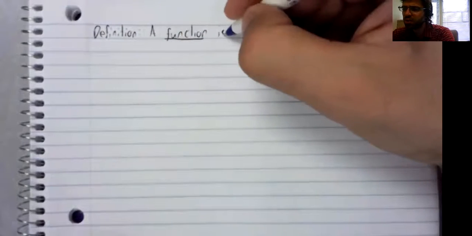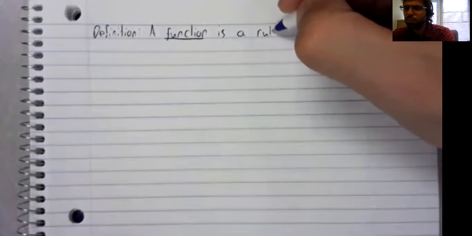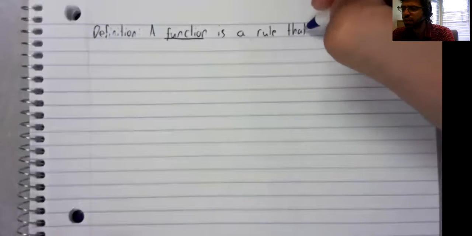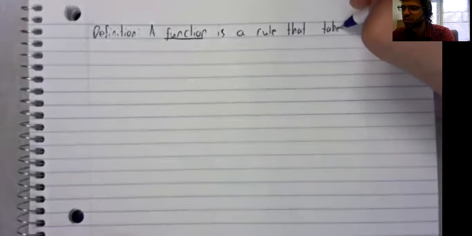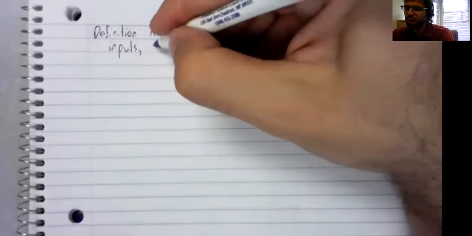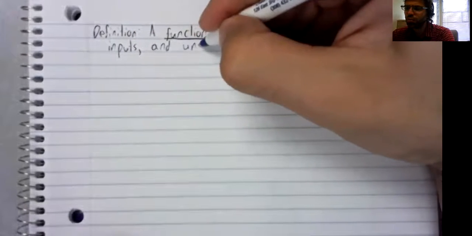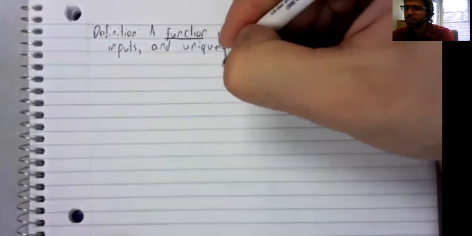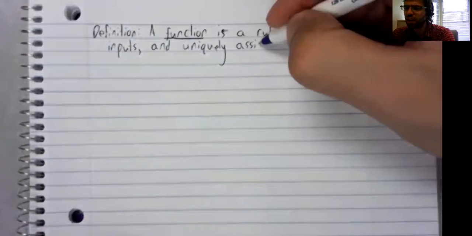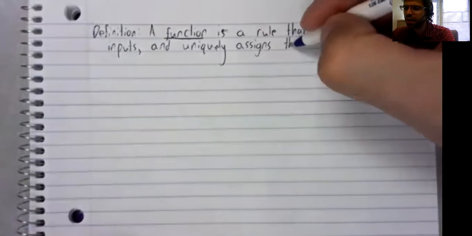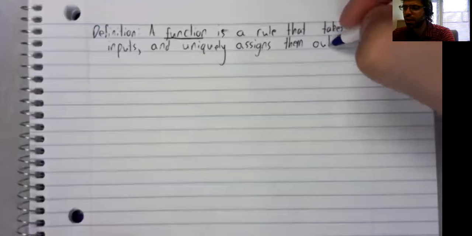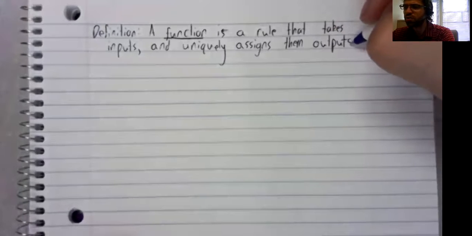Definition. A function is a rule that takes inputs and uniquely assigns them outputs.